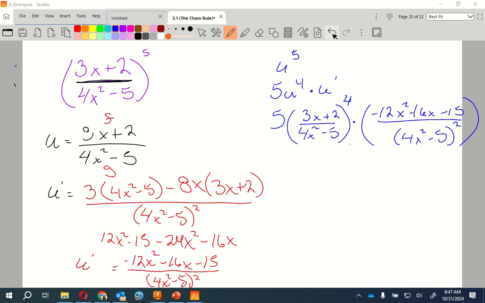Why can't it go into this? Yeah, it's to the 4th power, so I'm really not distributing it like that. So I could distribute it, but I would have to distribute to this one over here to put them together. I would have to distribute it this way to the numerator. Okay? Because that is to the 1st power, and I can.